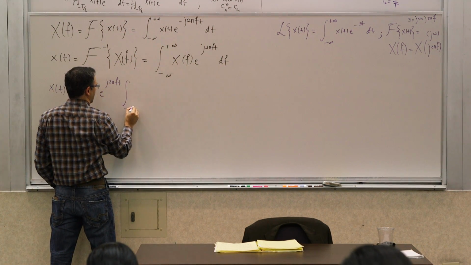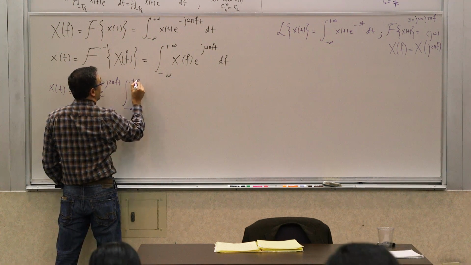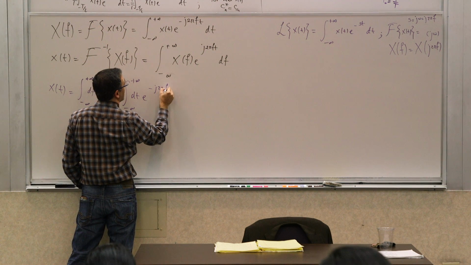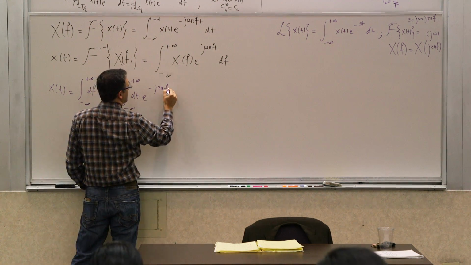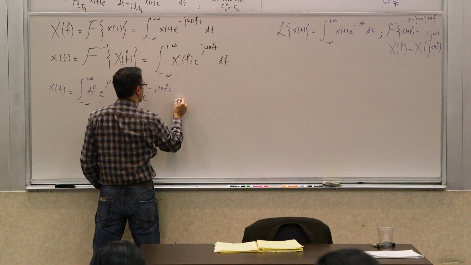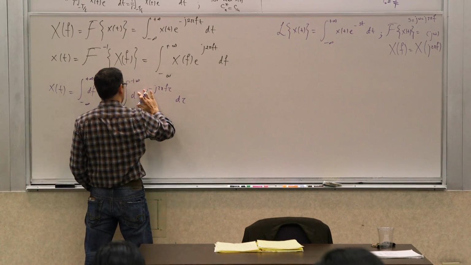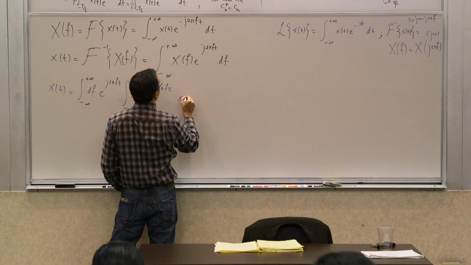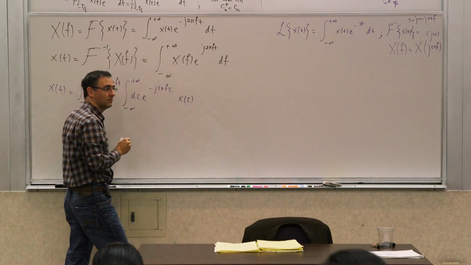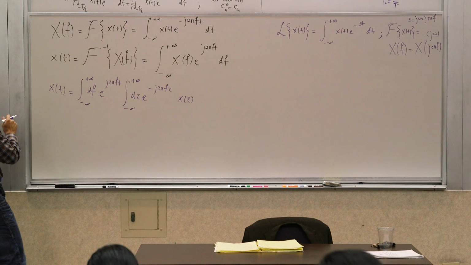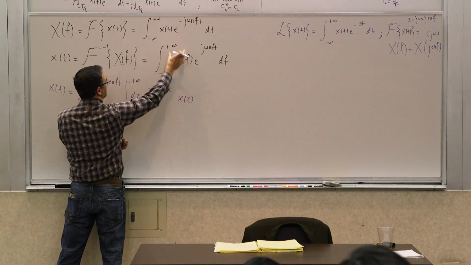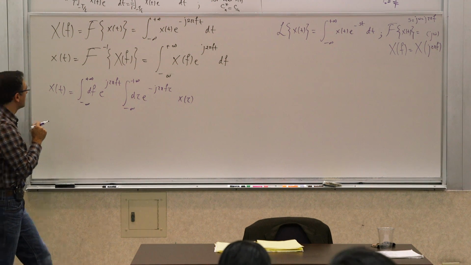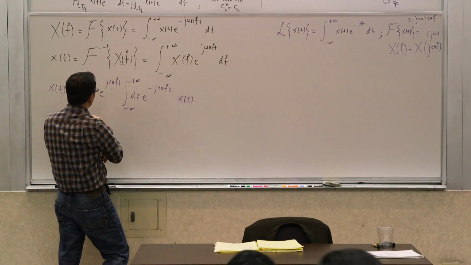So then there's a second integral, e to the negative j 2 pi f tau, d tau, x of tau. Right? So I'm plugging this back into this to verify that the inverse Fourier transform is the inverse. So, okay, what do I do with this?